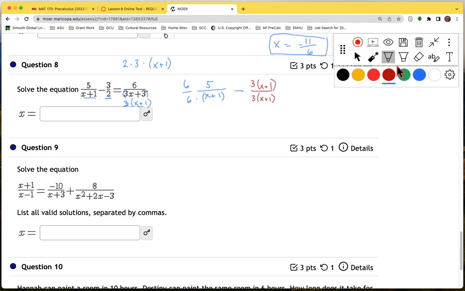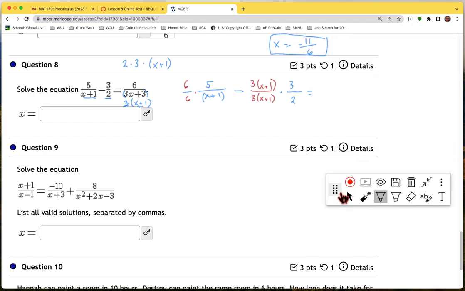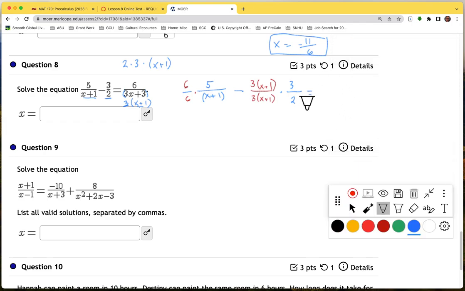In fact, just for consistency, let me change the color. It should be 6 over 6, so that's what I'm multiplying by. And then change back to the blue. I'm going to multiply by 3 over 2. So that's the fraction we had. We'll do the multiplication to get the common denominator. I can't really get any higher, so I'll go lower.